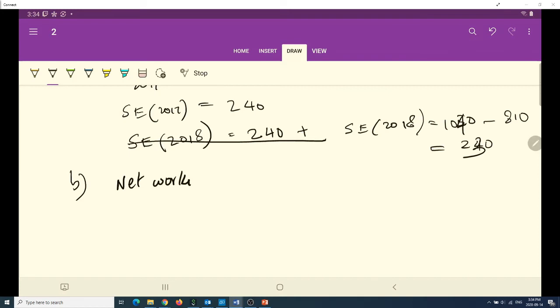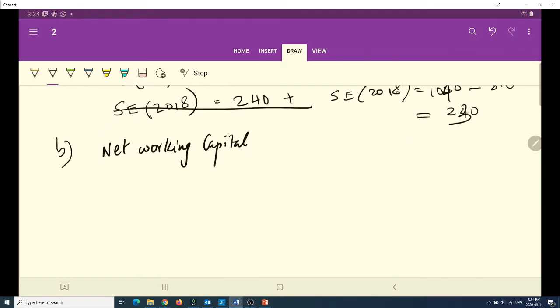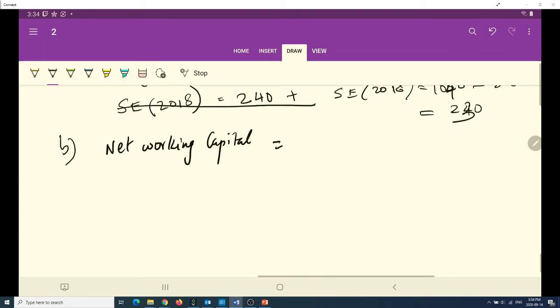Net working capital, or simply known as working capital, is the amount of money which you need to maintain. Formula wise, net working capital is just the difference between current assets minus current liabilities. That's the formula. And typically this needs to be positive in some sort of value.